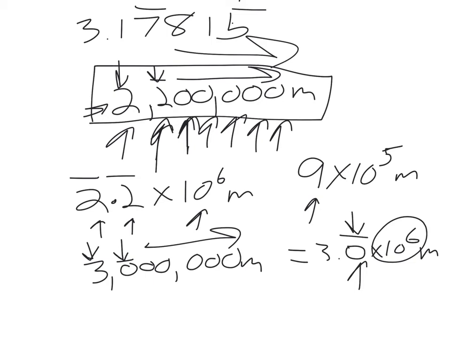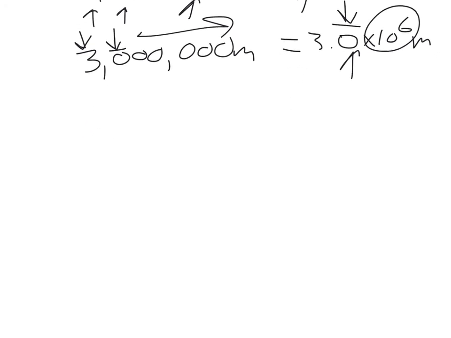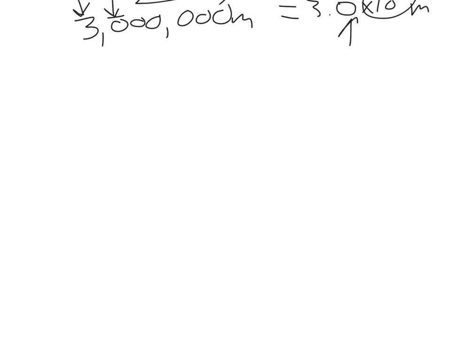Okay? And you can do this with very tiny measurements. If you wanted to, say, measure the width of a human hair, here's a human hair, and here's your ruler. And those are millimeters. Let's say that your ruler measures in millimeters. Well, the width of that hair is definitely less than a millimeter, and it might even be less than half a millimeter.